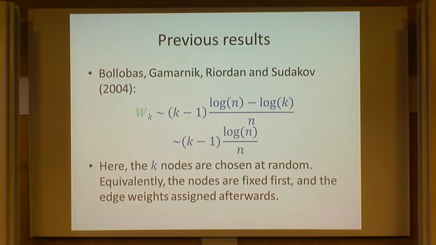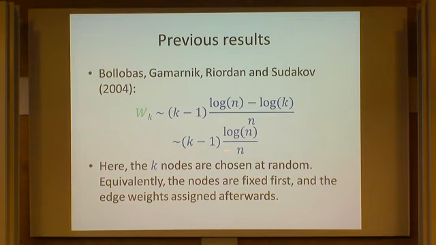It looks like (k minus 1) times log n over n roughly. So they were looking at joint asymptotics in k and n, where k just has to grow slower than n, so they kept both the terms. But for today's talk, k is fixed, so the log k term is negligible compared to the log n term. So the version of their result that matters to us is this one.